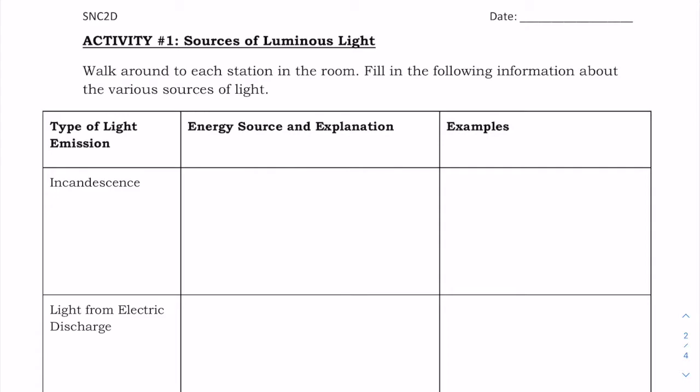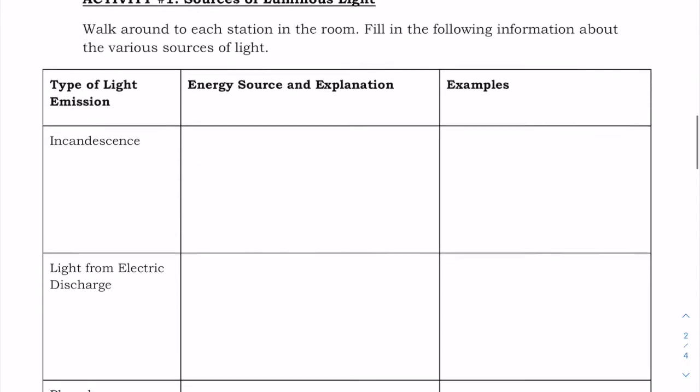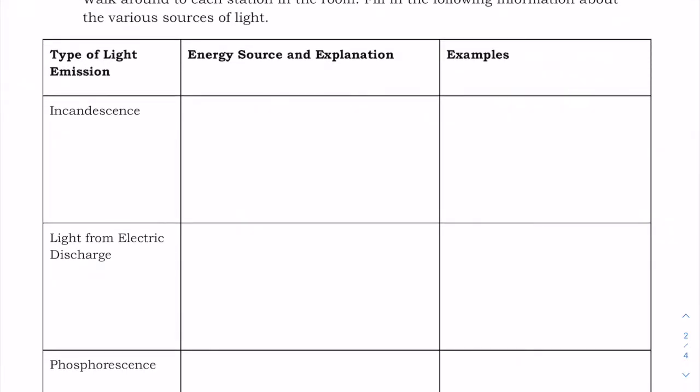Okay, what we're going to do now is we're going to look at various sources of light. We're going to explain how they produce light and provide some examples. Let's begin perhaps with one of the most common sources of light, incandescence. And a common example that you see in everyday life would be an incandescent light bulb.